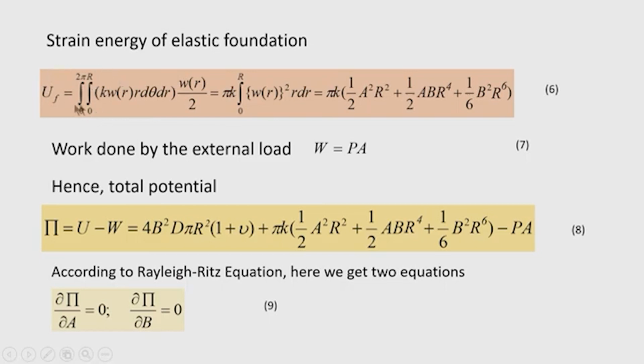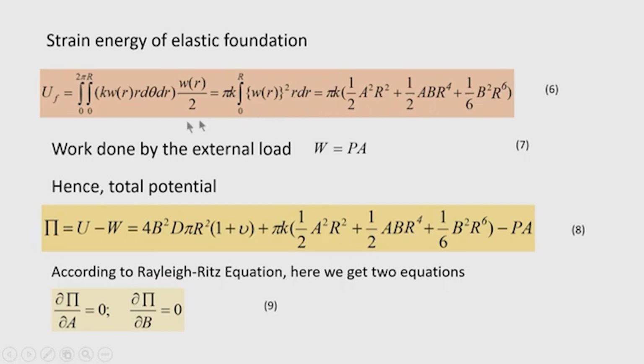After integration of this expression, we get the strain energy stored in the elastic foundation, that is, the elastic subgrade, equal to pi k into half A square r square plus A b r to the power 4 plus 1 by 6 b square r to the power 6. Okay.